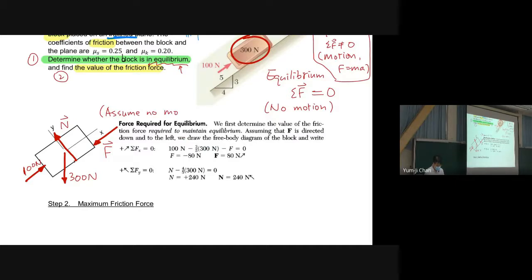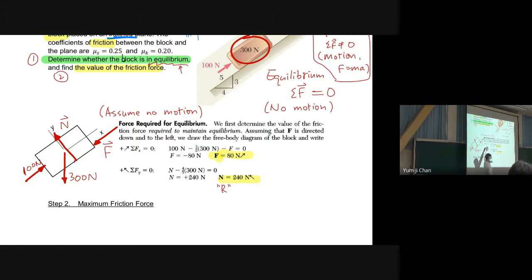And then we determine the values of F and the reaction force N, which is R. In the text, from the book, they use summation Fx in this direction and summation Fy in this direction.